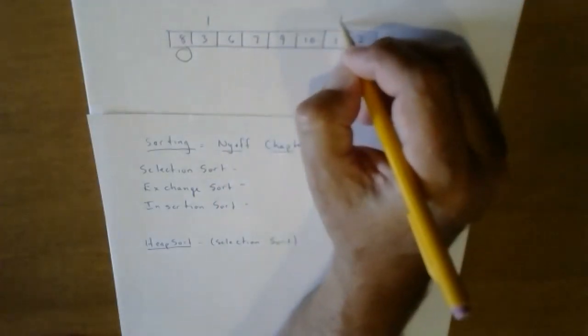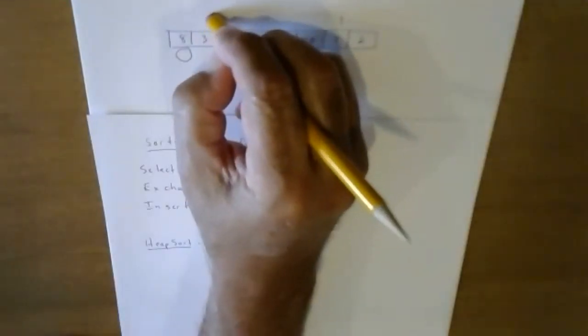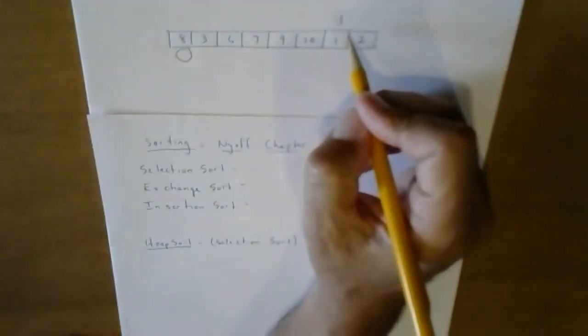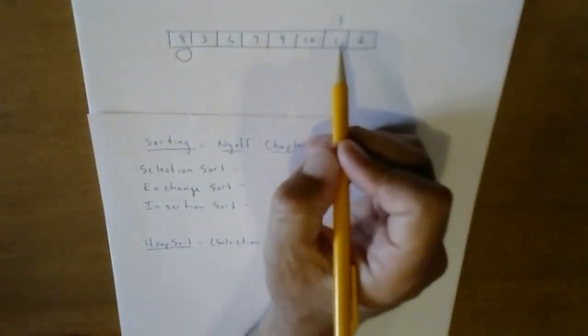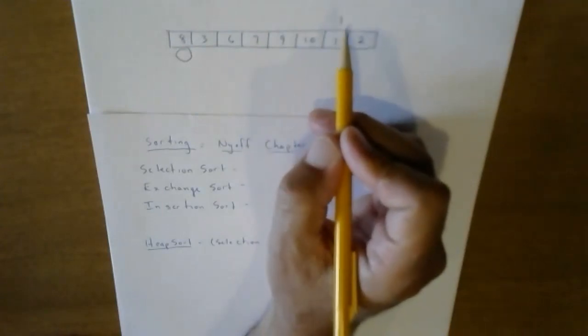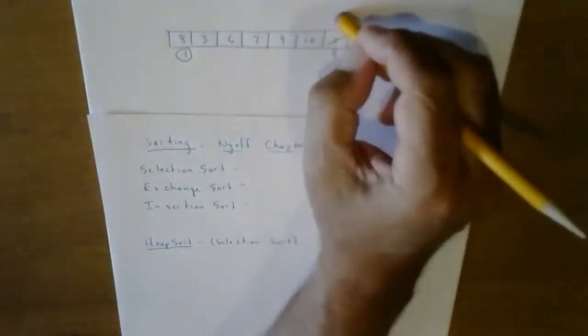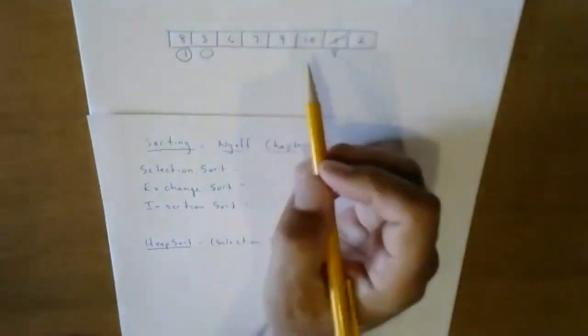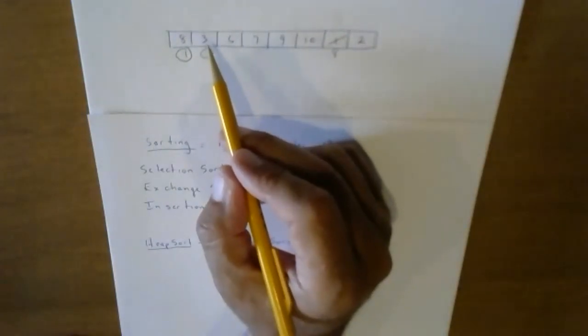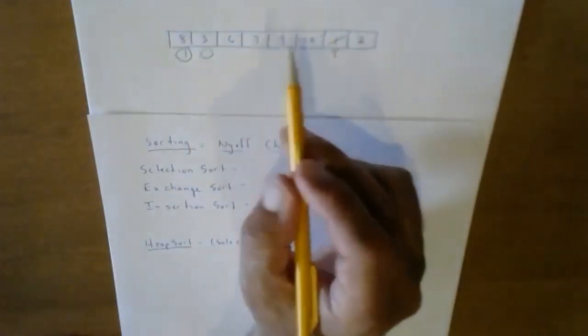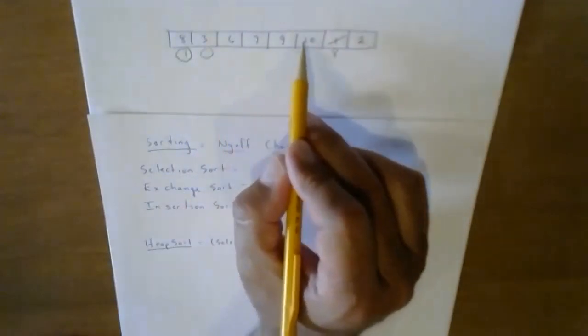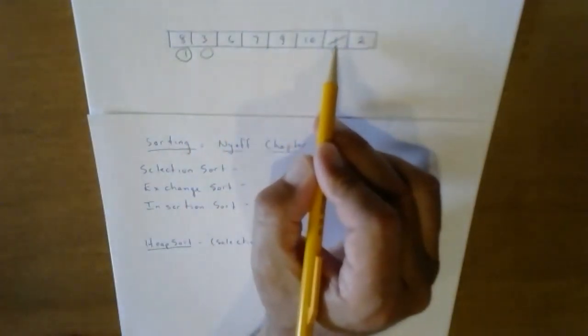So we now needed this location and this value. So what would I do? I would take the 1 and its location and swap it with the 8 and the first location. So this became a 1, and this guy now became an 8. Then I moved to the second spot. Okay, what's going on here? I'm going to do the same thing. So I'm going through the array one at a time, all the way to next to the last.